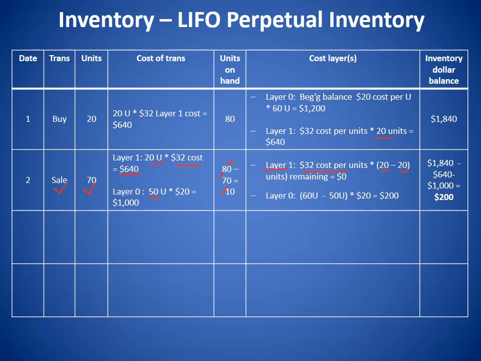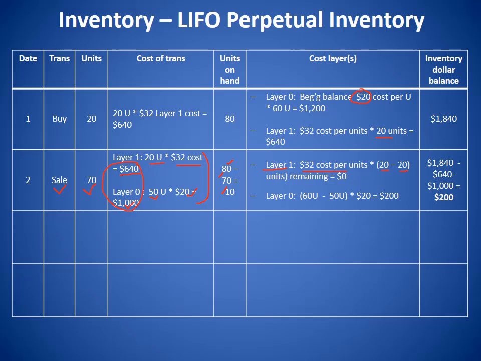We multiply it times our layer cost per unit, which is $20 a unit, and that is going to come out to $1,000. So when we make the journal entry for this particular sale for cost of sales, it's going to be a combination of these two layers in terms of cost. It'll be a credit in the total of $1,640 to inventory and a debit to cost of sales of $1,640.